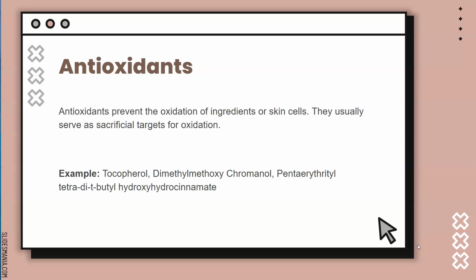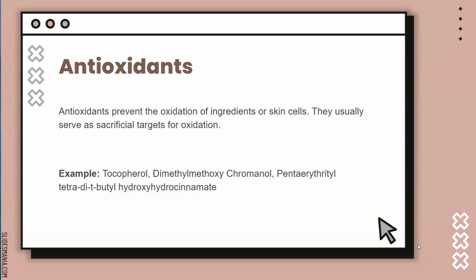Antioxidants. Antioxidants prevent the oxidation of ingredients or our skin cells. They usually serve as sacrificial targets for oxidation. So there are ingredients like linoleic acid, which are fatty acids that are present in a lot of plant oils or butter. They have double bonds in them, and that makes them especially prone to oxidation.